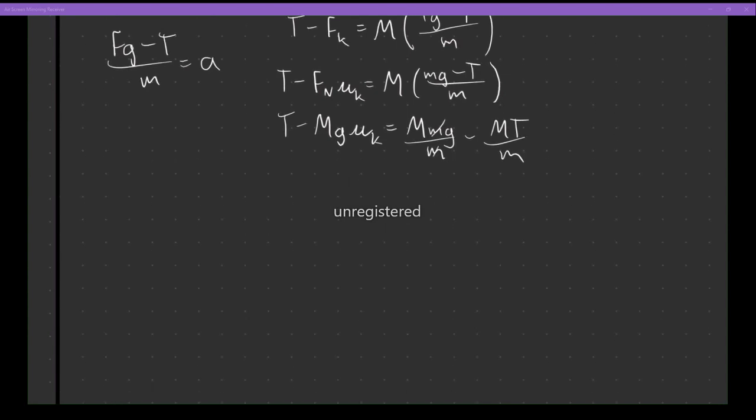And so now I'm going to try to isolate for T. I get them all to one side. So I'll add this T to the left side, and I would add this to the right side.